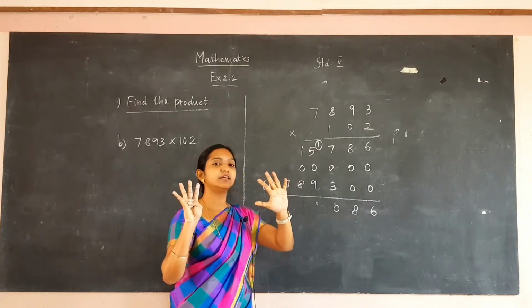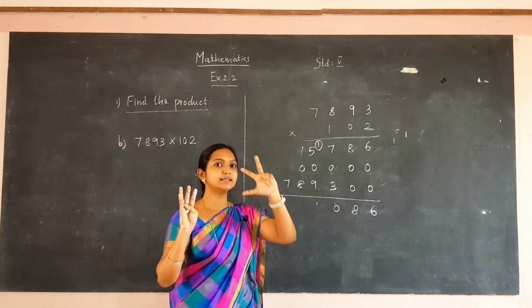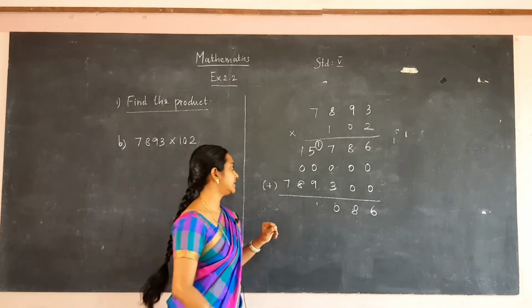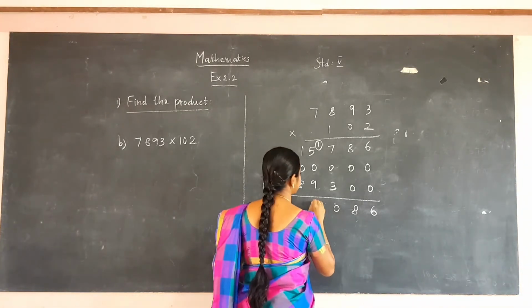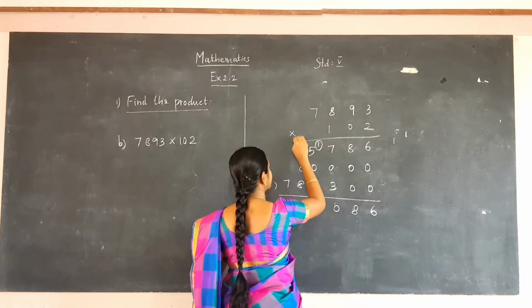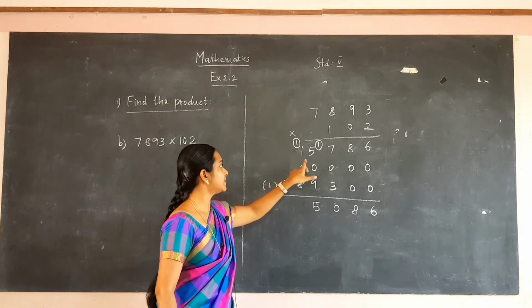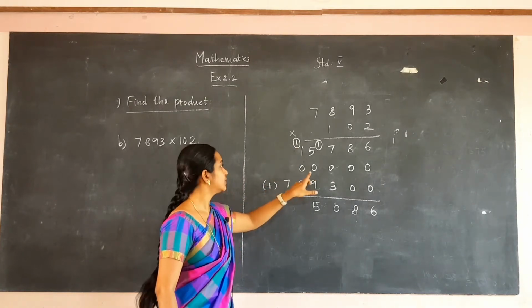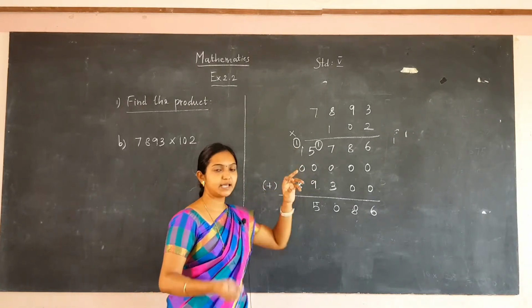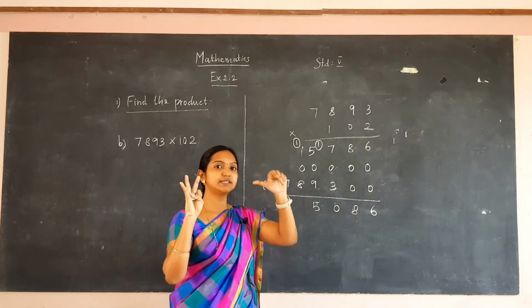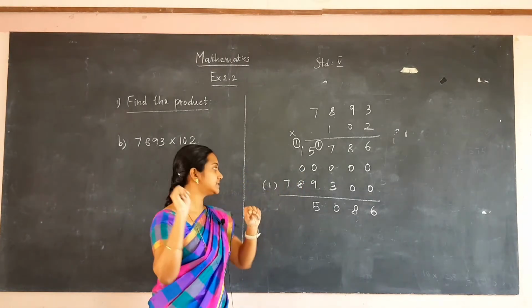Now start counting from 6. 7, 8, 9, 10, 11, 12, 13, 14 and 15. Put 5 here and carry 1 to next place. 1 plus 1 will be 2. Now keep 2 in mind and 8 in fingers. Now start counting. 3, 4, 5, 6, 7, 8 and 9 and 10.